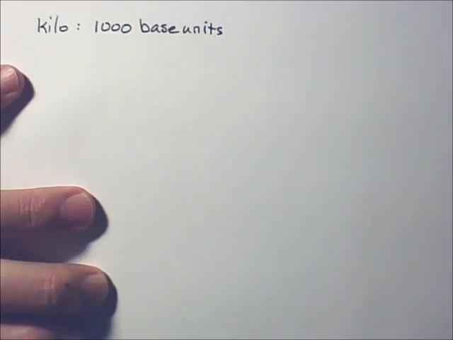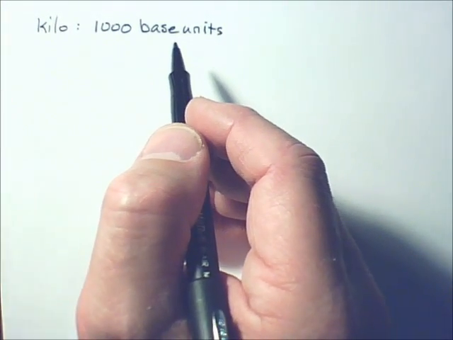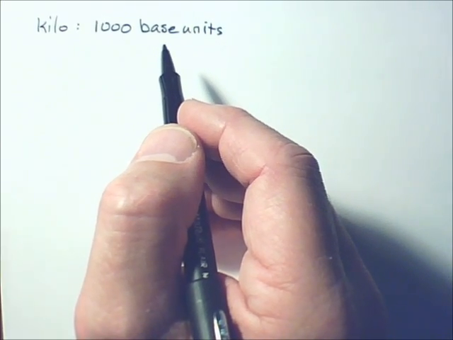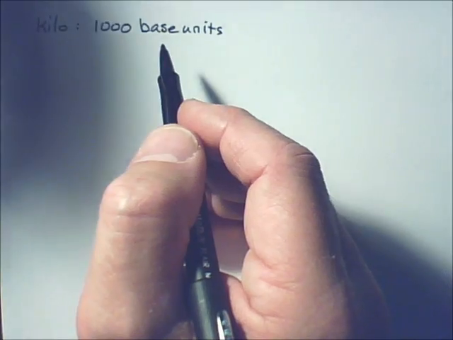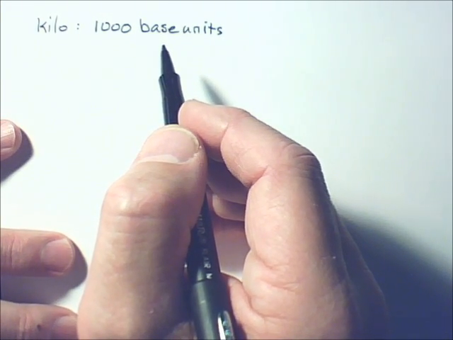You learned that the prefix kilo means 1,000 base units. A base unit is meters, another base unit is liters, another is pascals.